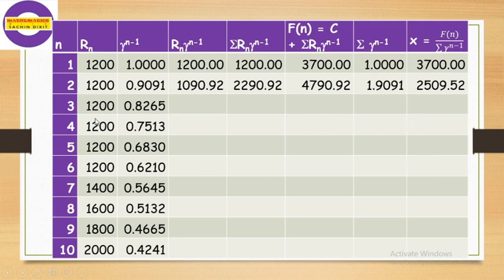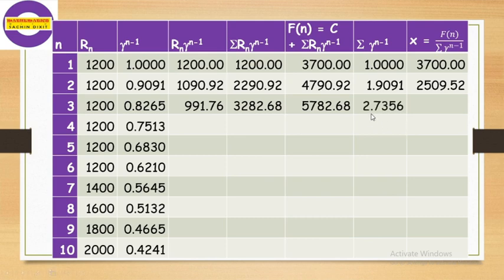In the third year, running cost is 1200 and gamma square is 0.8265. So multiplication is 991.76. Then we add this value to this summation 2290.92. So we get 3282.68. Then we add here cost of machine, that is 2500, to this, we get 5782.68. Then to find this cumulative addition, we have to add this 0.8265 to 1.9091.